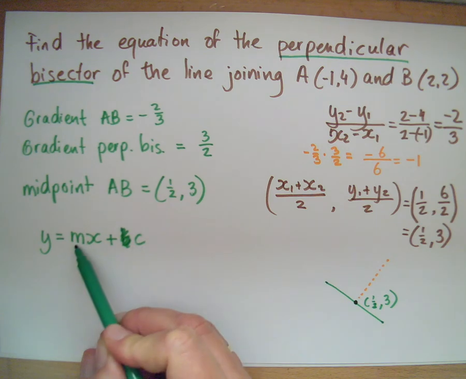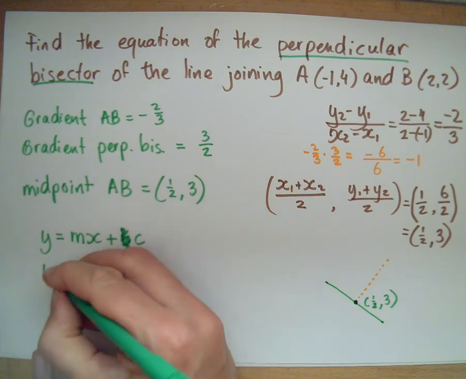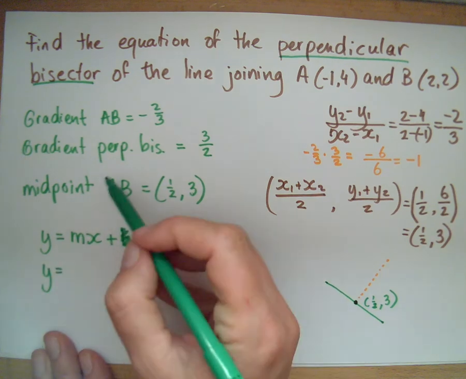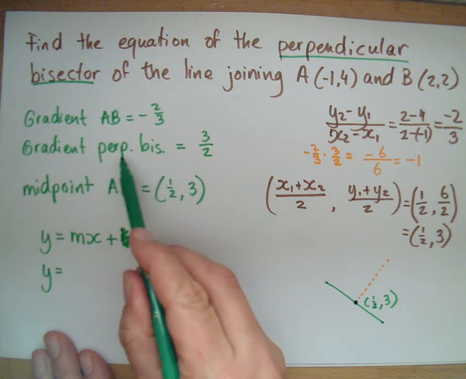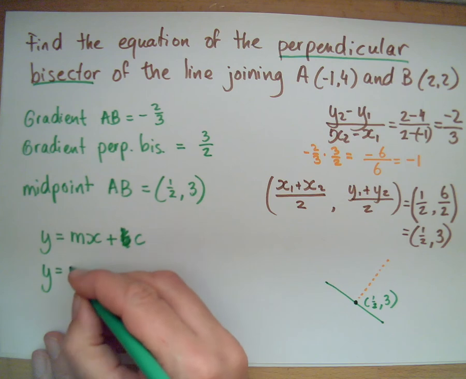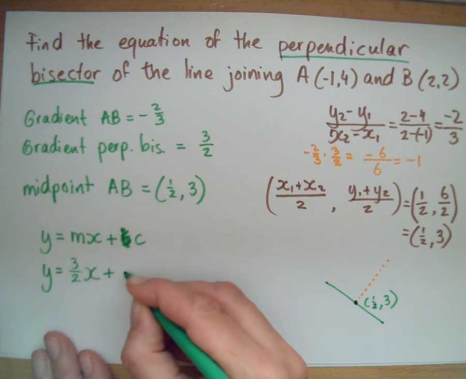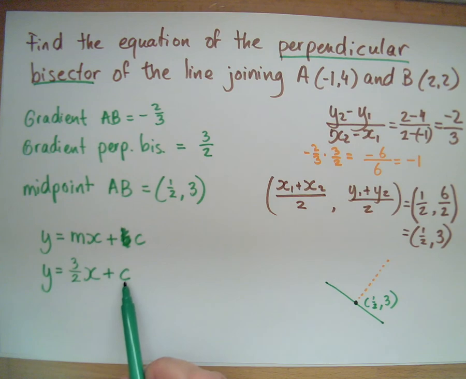We know the gradient. We don't know the y-intercept. Let's put the gradient in there because we want to write out the information that we have. The slope here is 3 over 2 x plus c. Okay, c is still unknown.